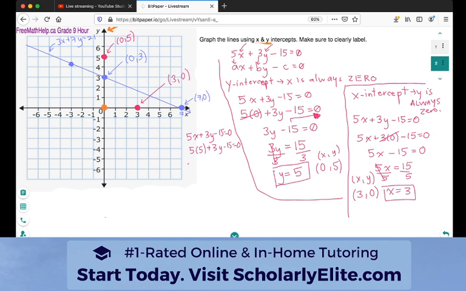And 5 times 5 is 25, plus 3y minus 15 equals 0. So 25 is a number, as we know. So we've got 25 and negative 15, which are like terms. So we can rearrange this to be 3y + 25 - 15 = 0. And 25 minus 15 is 10.